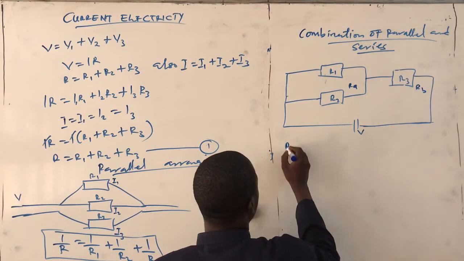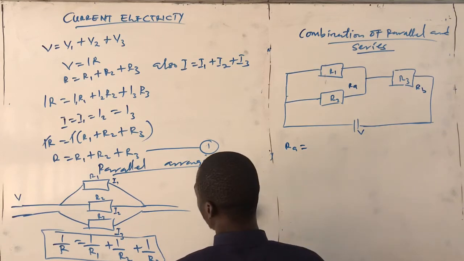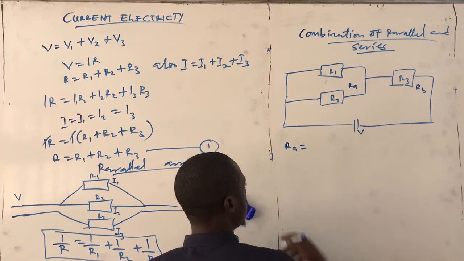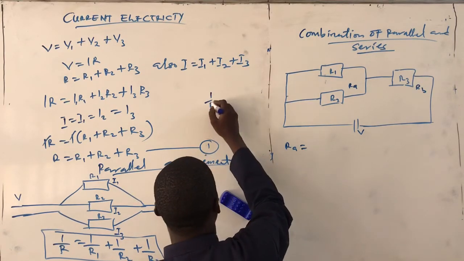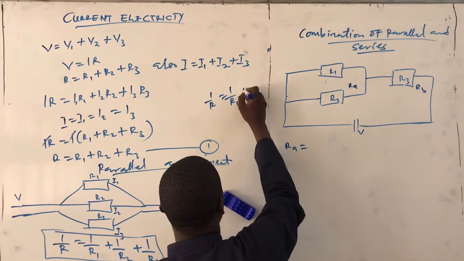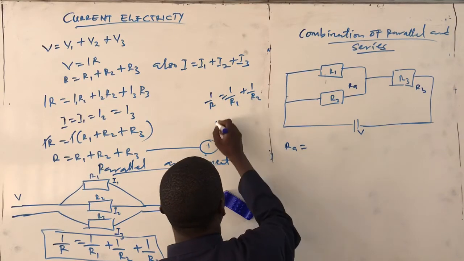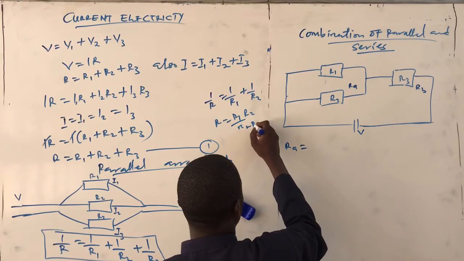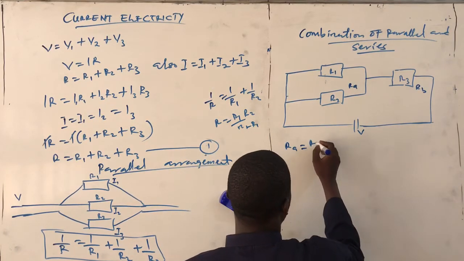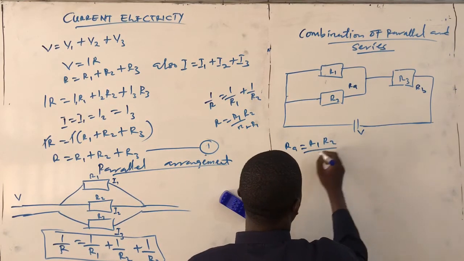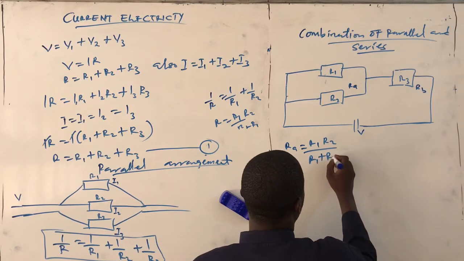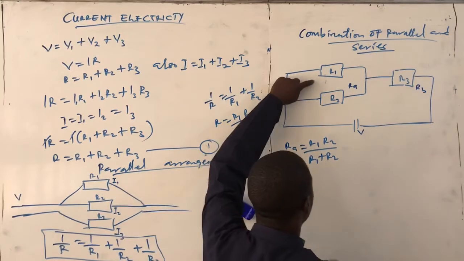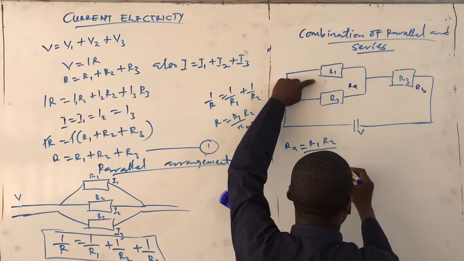To find RA, 1 over RA equals 1 over R1 plus 1 over R2, so RA is equal to R1 R2 over R1 plus R2. This is our RA.